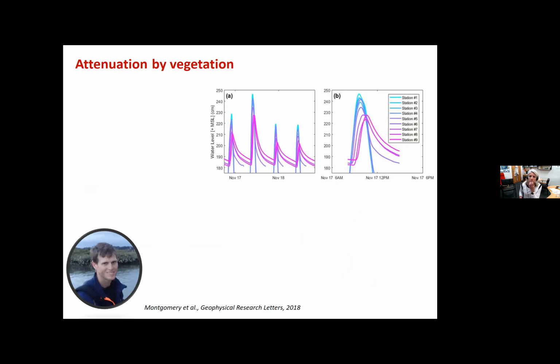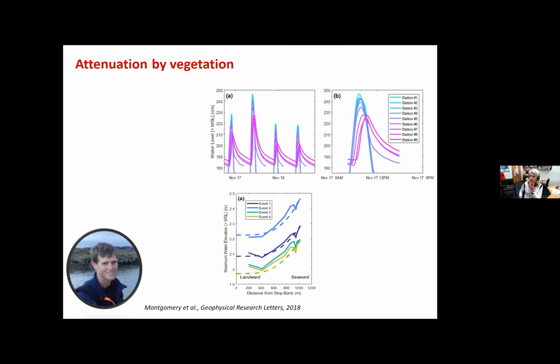Now, if you go back to the Firth of Thames site and look at the water level measurements that we took during our experiments, which I did with Julia Mallarney and Eric Horstman, John did that for one of the chapters of his thesis. He looked at the current meter right across the intertidal.